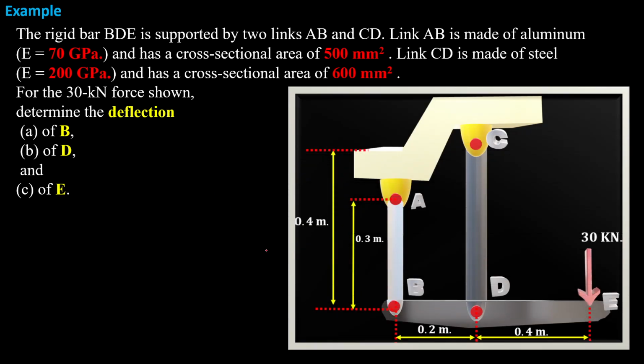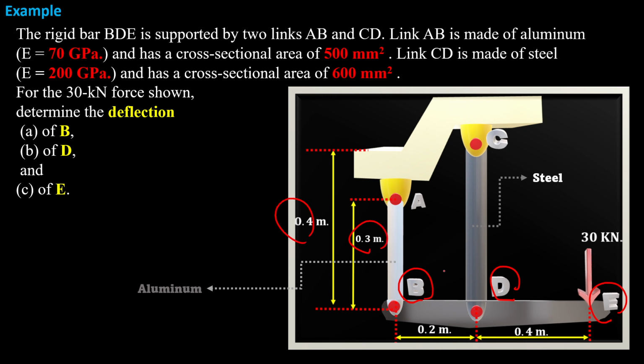So in our problem, the rigid bar BDE is connected with a steel and another aluminum rod to the ceiling. Their lengths are provided, and their cross-sectional area and also modulus of elasticity of each of them are provided. We want to know what is the deflection at point B, point D, and respectively at point E. Let's approach our problem.